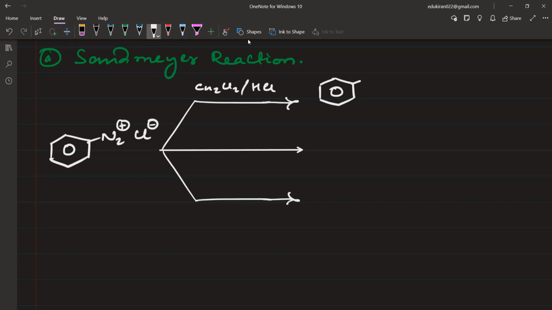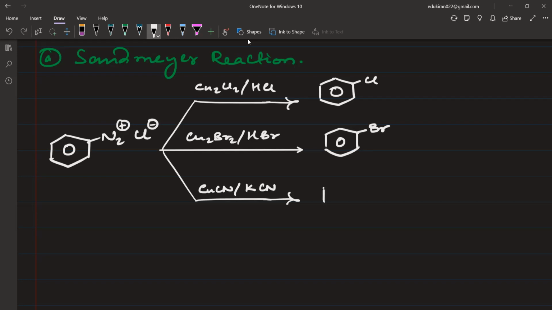Benzene ring, and the diazonium group is replaced by chlorine. If you use cuprous bromide in the presence of HBr, you will get bromobenzene. And if you use cuprous cyanide, that is CuCN, in the presence of KCN, the diazonium group, N2 group, will be replaced by CN.